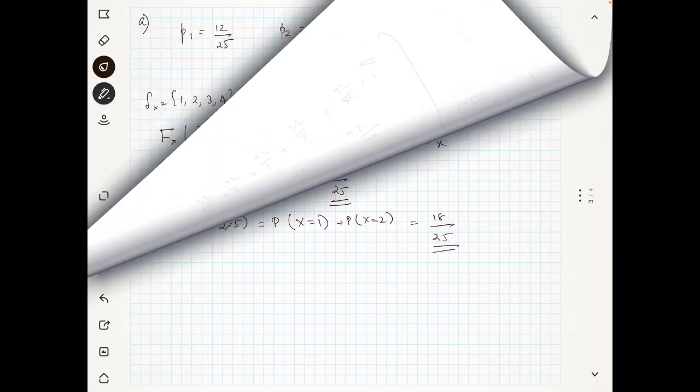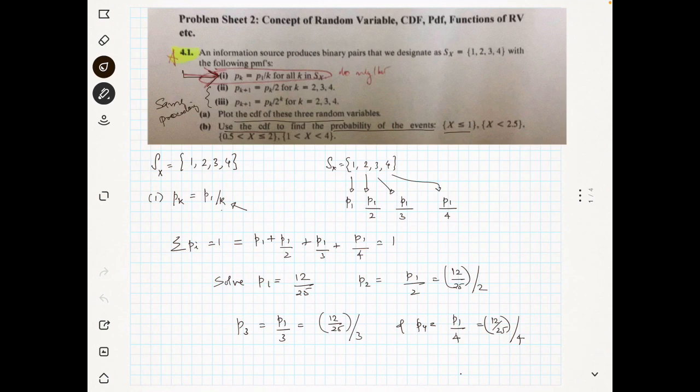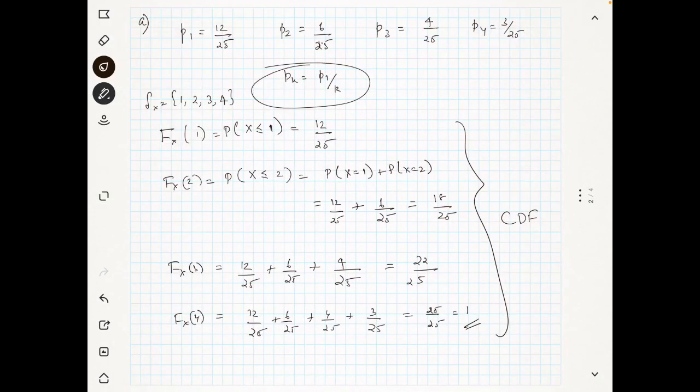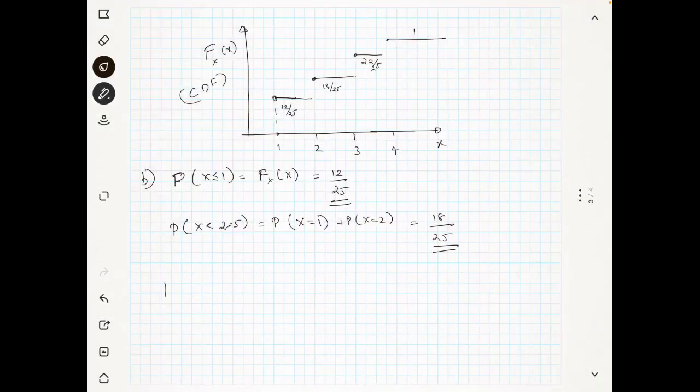Next you have to obtain the probability that x is between 0.5 and less than or equal to 2.